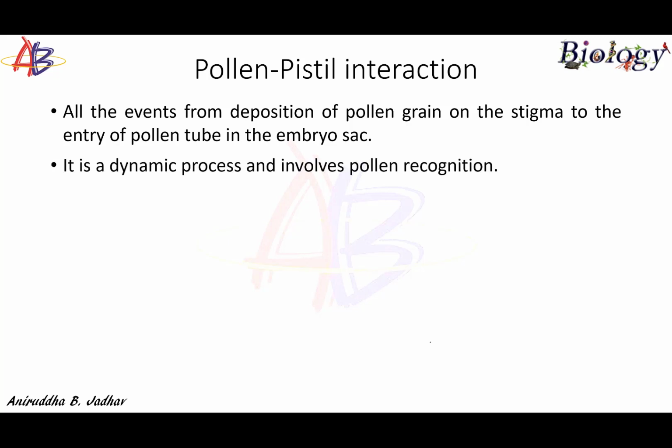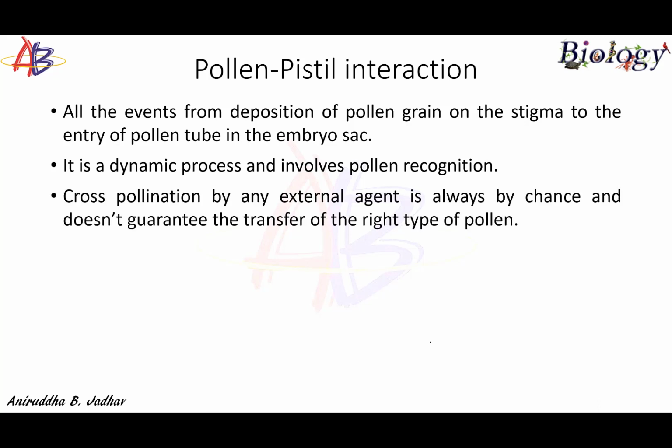It is a dynamic process and involves pollen recognition. The stigma has the ability to recognize the correct type of pollen grain. Cross pollination is always a chance based phenomenon, and it doesn't guarantee the transfer of the right type of pollen always. Right type of pollen means compatible pollen, right?